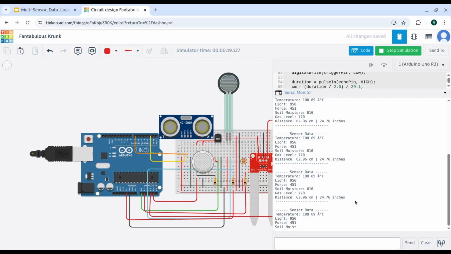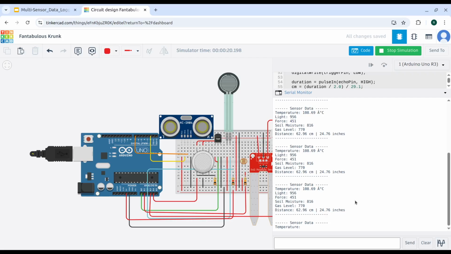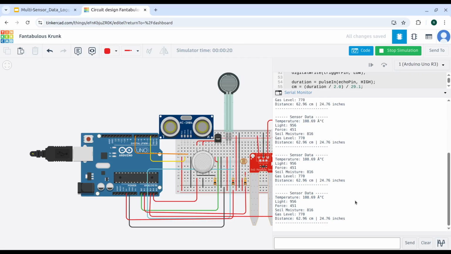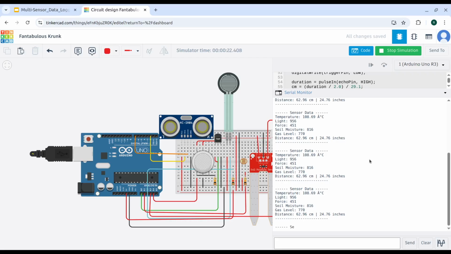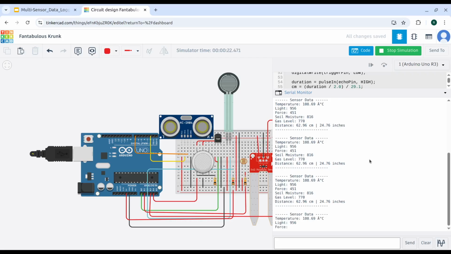The temperature is shown in degrees Celsius. Then distance in centimeters and inches, and other sensors display analog values. This helps in understanding the changes in the environment based on sensor reading.